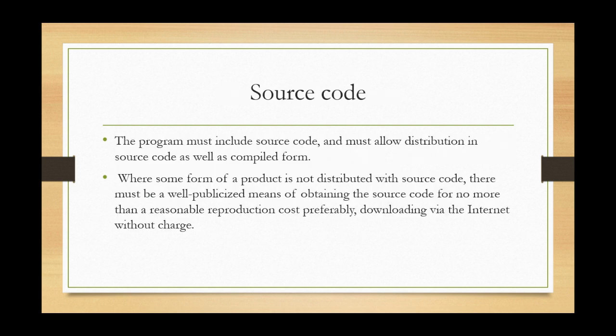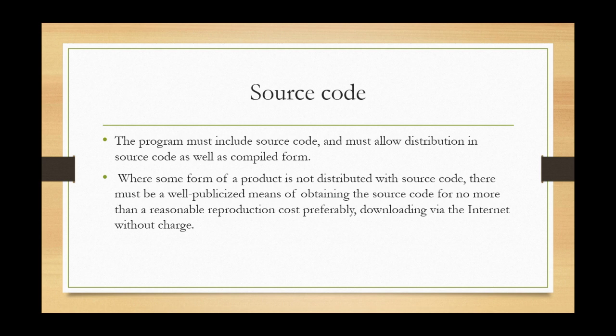The second criteria is about the source code. Once you have developed your open source software, it must include the source code, and you should allow distribution of the source code in compiled form and uncompiled form. Where some form of a product is not distributed with the source code, there must be a well-publicized means of obtaining the source code for no more than a reasonable reproduction cost.